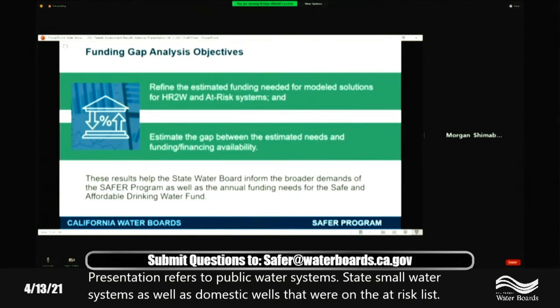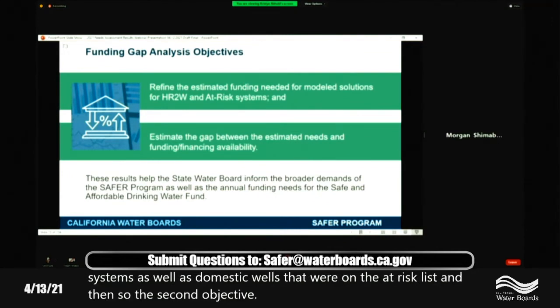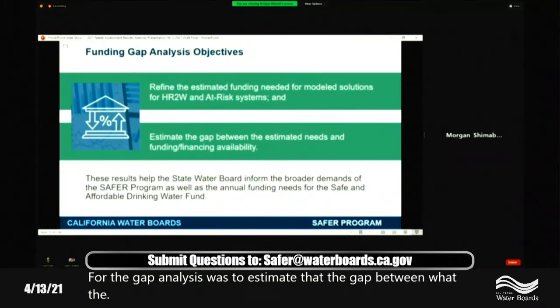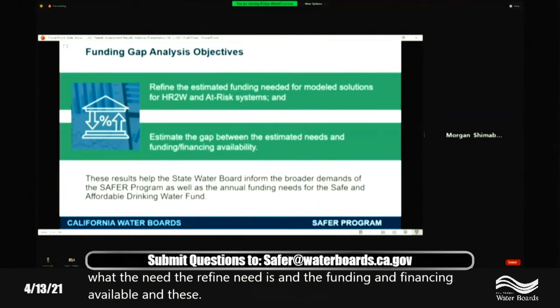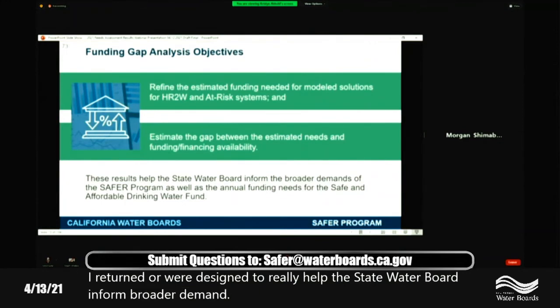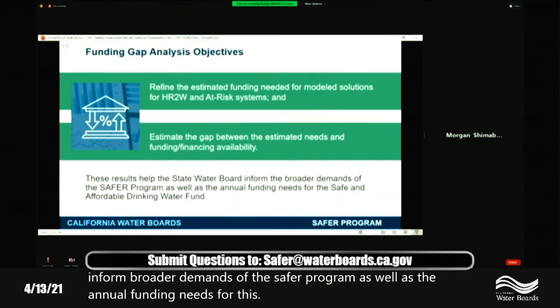The second objective for the gap analysis was to estimate the gap between what the refined need is and the funding and financing available. And these results were designed to really help the State Water Board inform broader demands of the SAFER program, as well as the annual funding needs for the Safe and Affordable Drinking Water Fund itself.